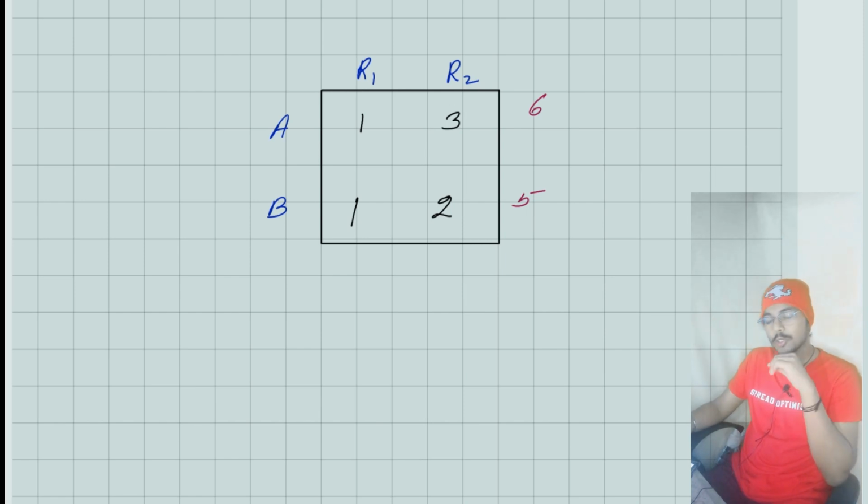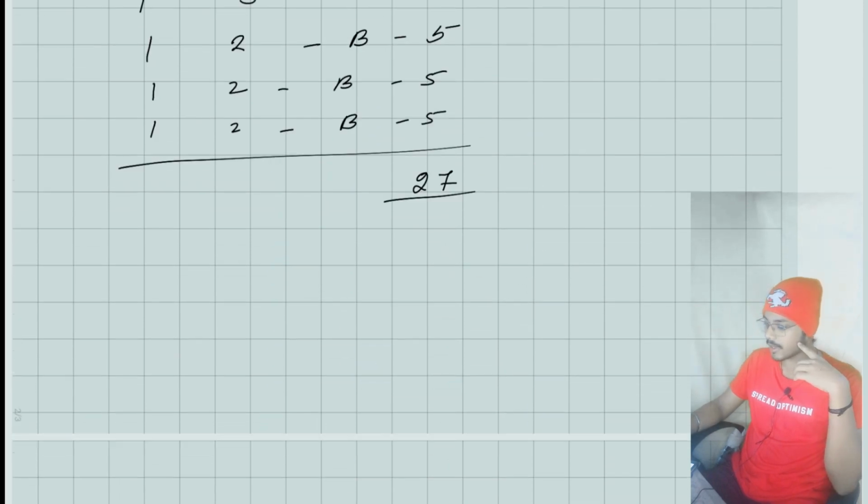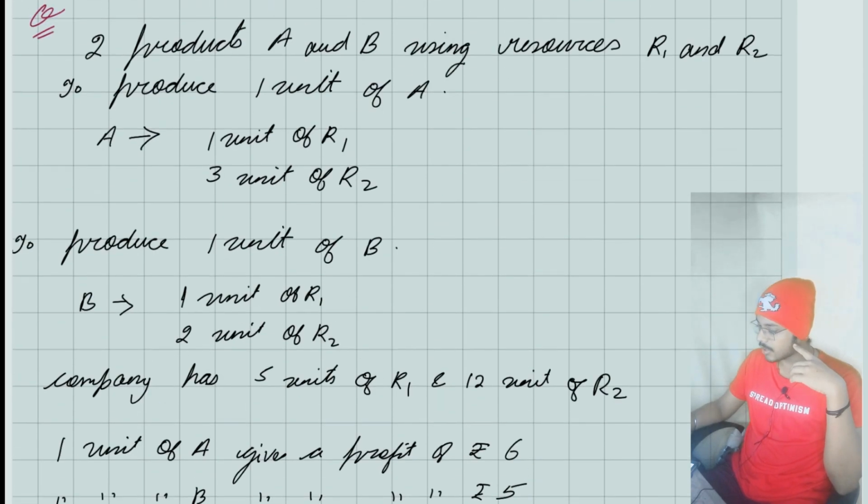Now the total resources available for R1 is 5, so you write here 5, and total resources available for R2 is 12 as mentioned in the question above. If you have forgotten the question, I can show you here. You can see I have written here 12 units and 5 units.